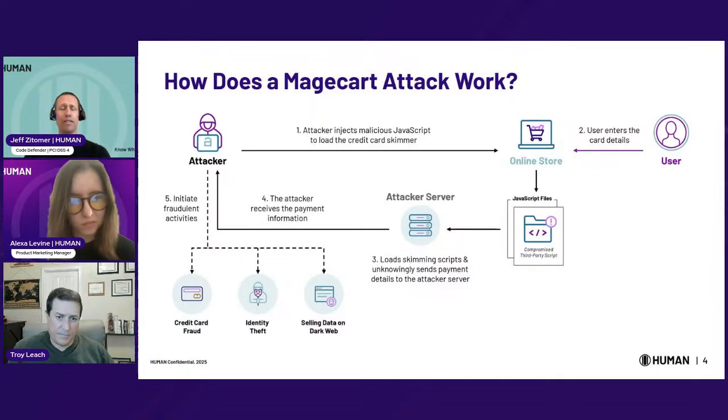So if it's credit card details, then obviously credit card fraud is the most obvious. And a huge component of those attacks, the way they typically happen, is what we call a carding attack, where a bot will run all of these lists of cards that they have against websites to see which cards are still active, haven't been canceled yet, and work, and then commit fraud against those cards.